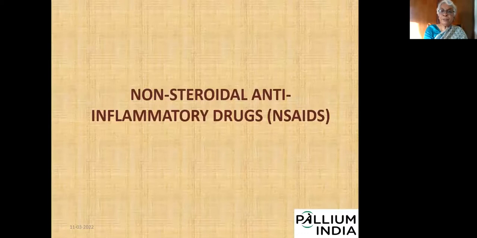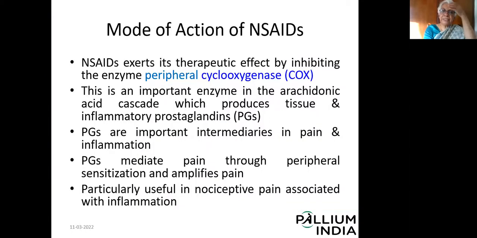Now, next we'll talk about non-steroidal anti-inflammatory drugs. Unlike paracetamol, which acts on the central cyclooxygenase enzyme, NSAIDs act at the peripheral cyclooxygenase system. This is a very important system in the arachidonic acid cascade, which occurs after tissue injury or because of a cancer or disease.